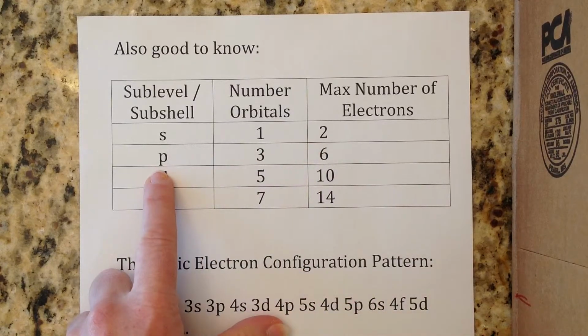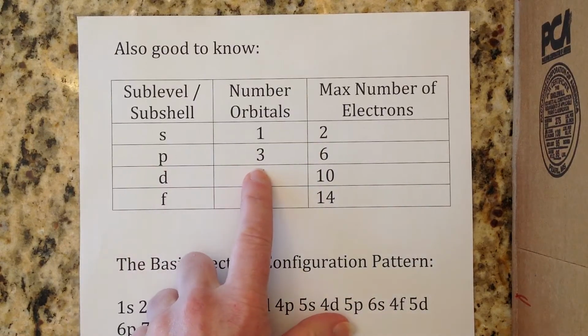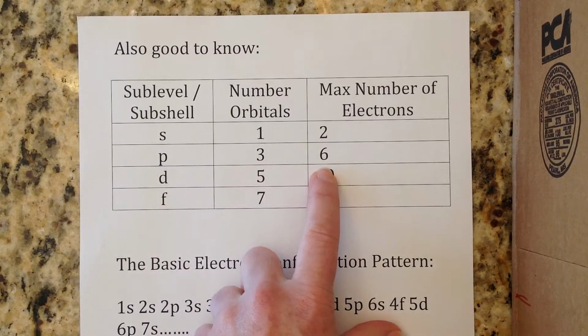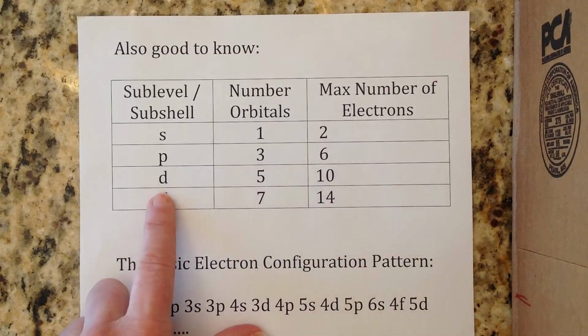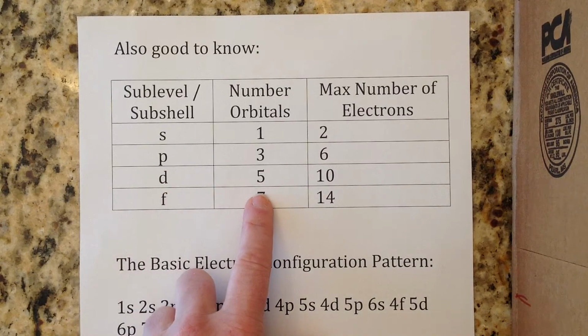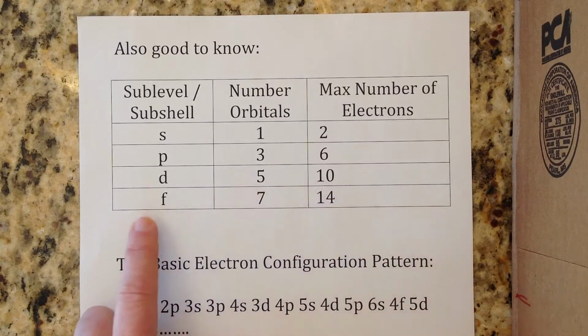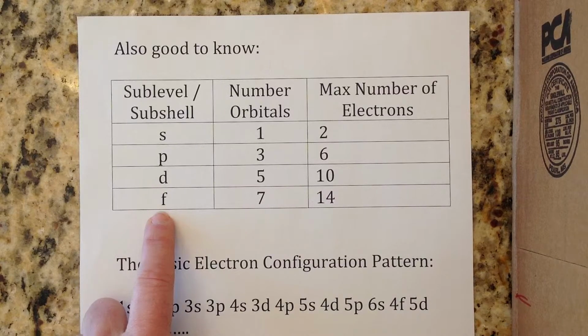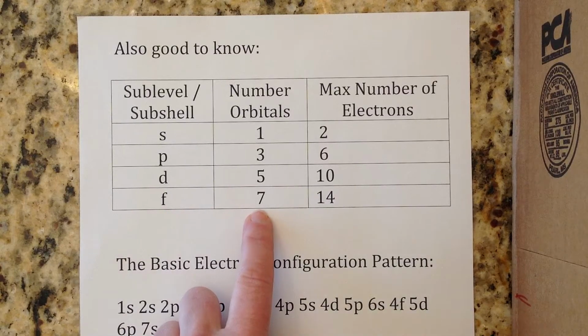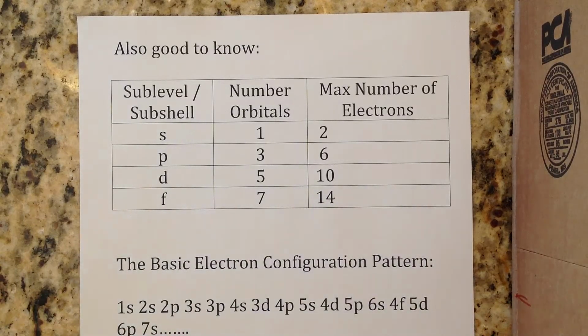The P sublevel has 3 orbitals, which can hold a maximum of 6 electrons. The D sublevel has 5 orbitals, which can hold a maximum of 10 electrons. And the F sublevel has 7 orbitals, which can hold a maximum of 14 electrons.